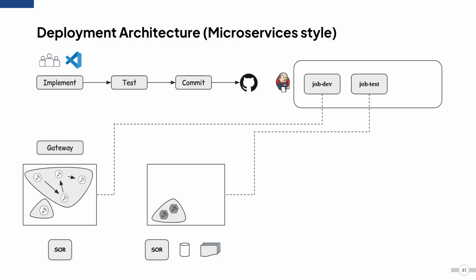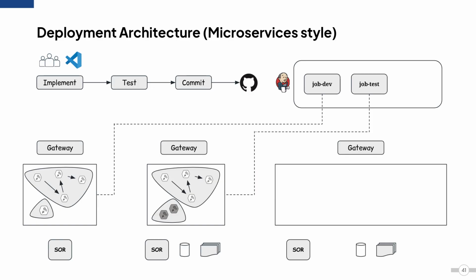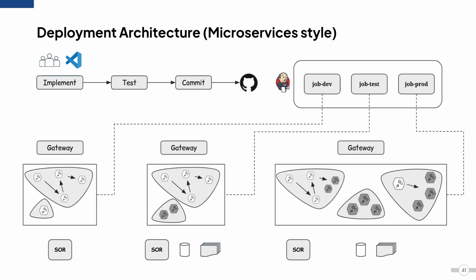And now see in one of your contexts, you need to do a little bit of scaling, where instead of one microservice, you have to have two, and so forth, right? And let's say this is the test environment, and your production environment, again within your bounded context, your individual microservices you may have to scale, and you need to have mechanisms to do that. And your CI/CD job needs to make sure that it does that work properly.